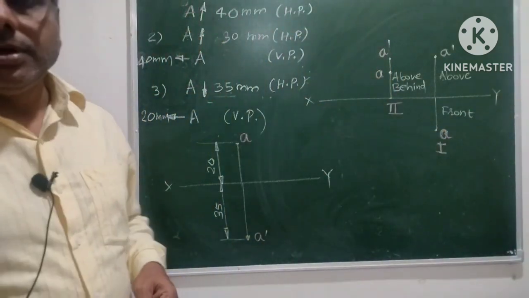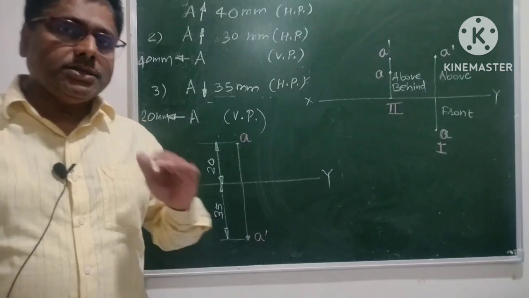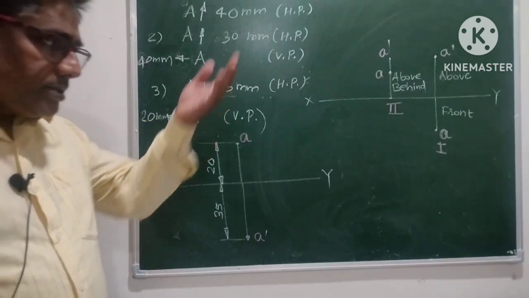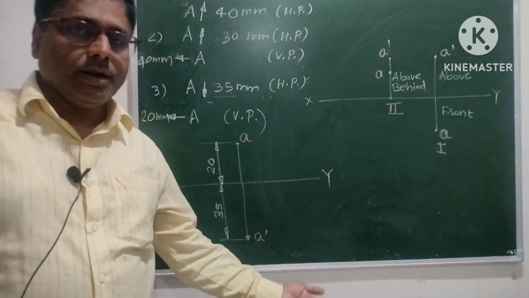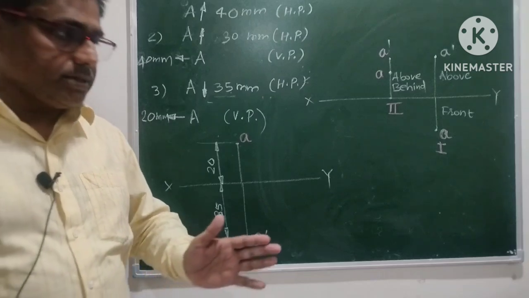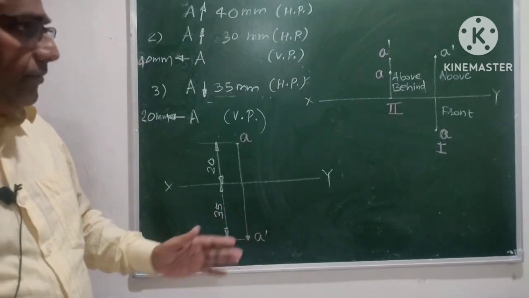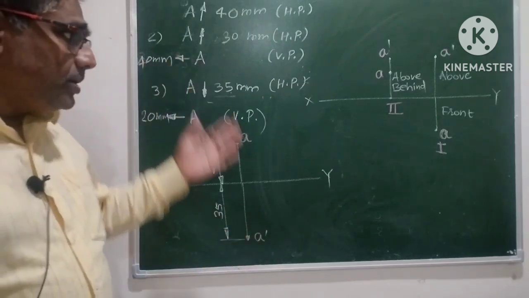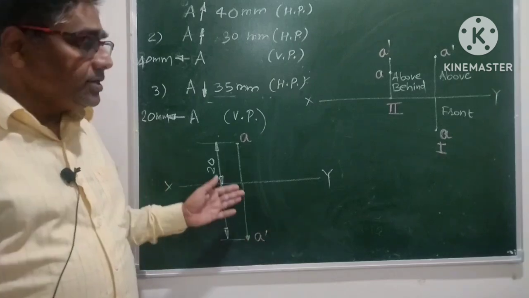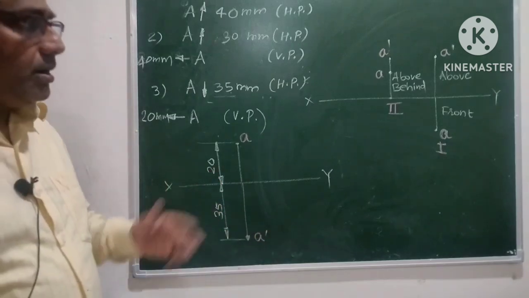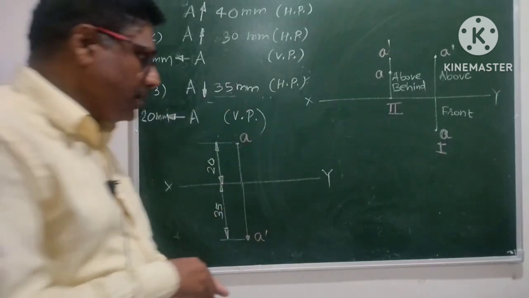Now let's talk about third quadrant. When the point is in third quadrant, it will be some millimeters below HP and some millimeters behind VP. Below HP means we will get its front view on the vertical plane below XY.